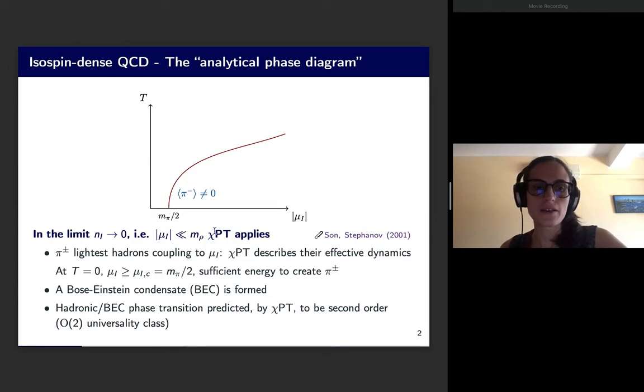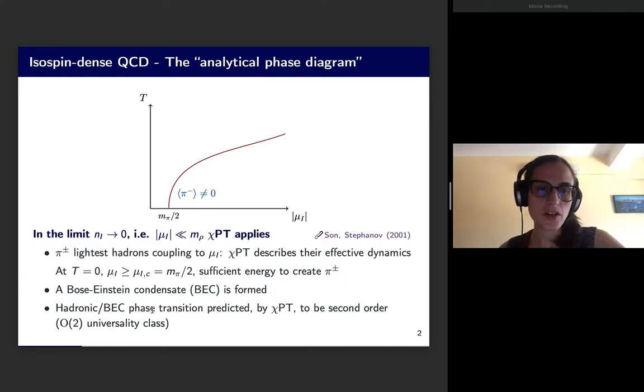That the lightest hadrons coupling to isospin are pions, which are bosons, differently from the baryons that couple to the quark chemical potential in the T versus baryon chemical potential plane. And so what happens here is that a Bose-Einstein condensate of these pions is formed, which in the plot is indicated by the expectation value of pi minus being different from 0.